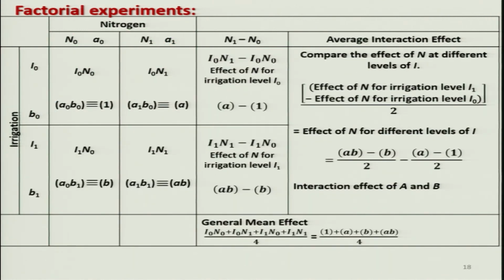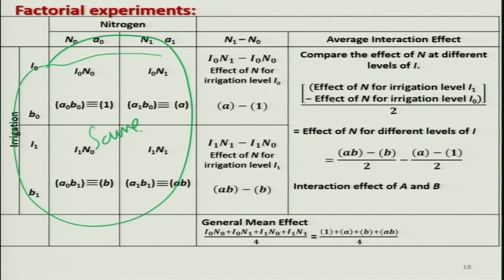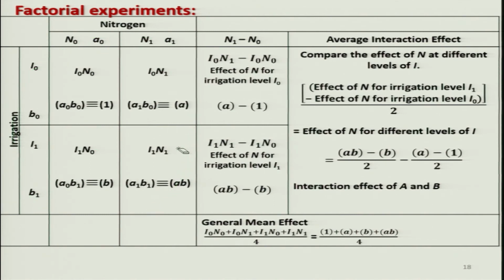You can see all these things are the same. Whatever I have written here is all the same as earlier. Now, I can remove it so that you can see it clearly. Now, I try to consider the difference. I try to subtract I0 N1 minus I0 N0.